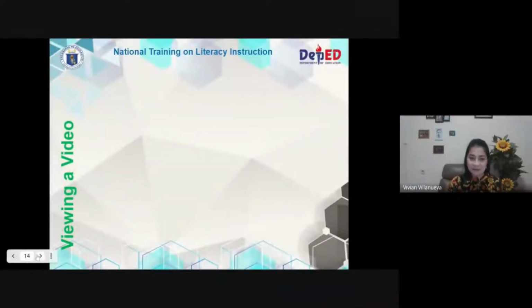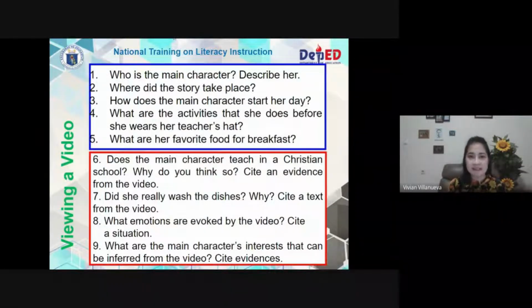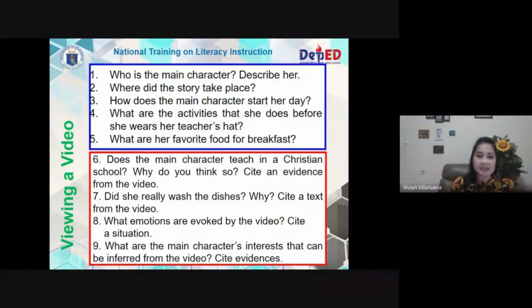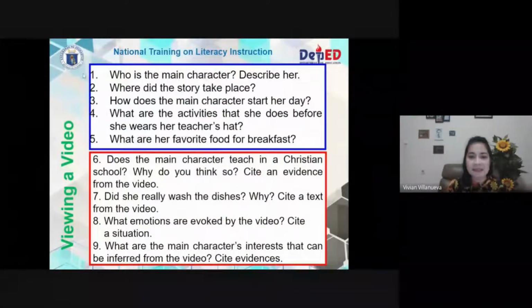Okay, so I told you we're going back to that. The blue one, which one is the explicit? Is it the blue one or the red one? Would you mind typing in the chat box? I'm asking which one is the explicit type of question.